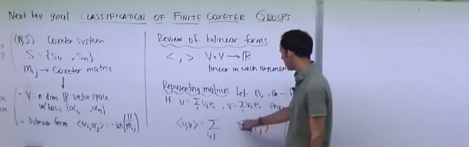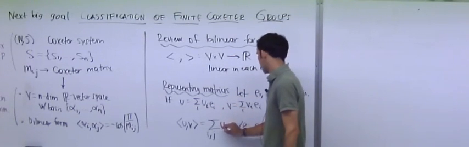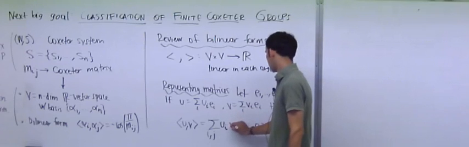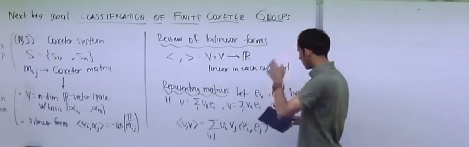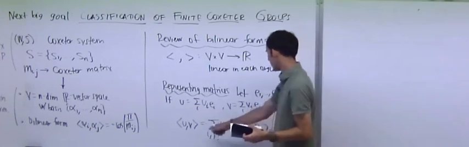We're going to get the e_i from here, comma, the e_j from here, and this e_i has coefficient u_i, and this e_j has coefficient v_j. Okay. So it looks like this.